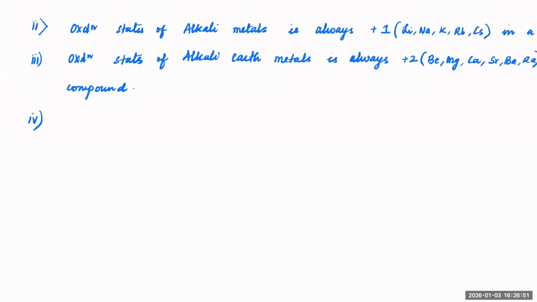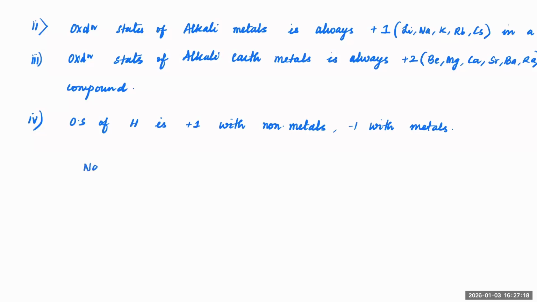After this, the next thing we need to assign is about hydrogen. The oxidation state of hydrogen is +1 with non-metals and -1 with metals in general. So in general, we always follow this.